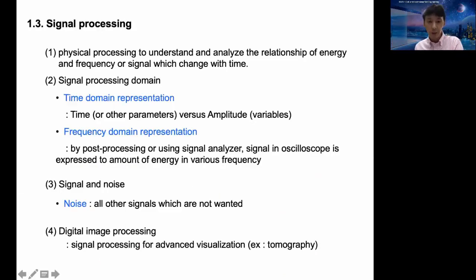Okay, the next topic is signal processing. Signal processing is physical processing to understand and analyze the relationship of the energy and frequency of signals which change with time. You can categorize the processing techniques into two. One is the time domain method, and the other is the frequency domain method.